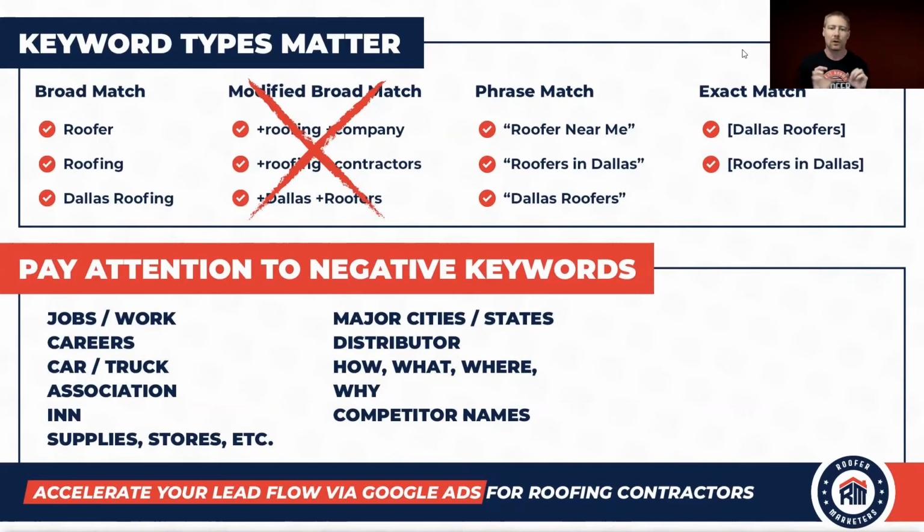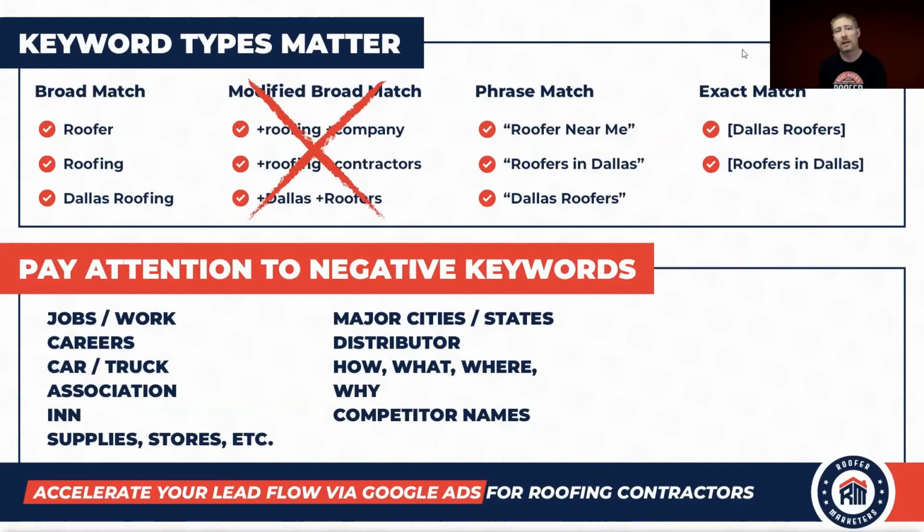So if you were bidding on roofer broad match or roofing broad match, whenever someone typed in roofing jobs, your ad would show, someone would click on that, and you would pay for that click. And we always negative out associations like the Red Roof Inn, supply store, distributor, all of those.